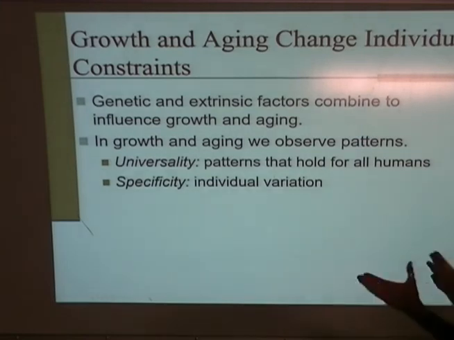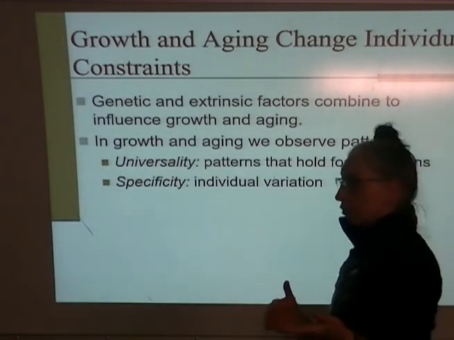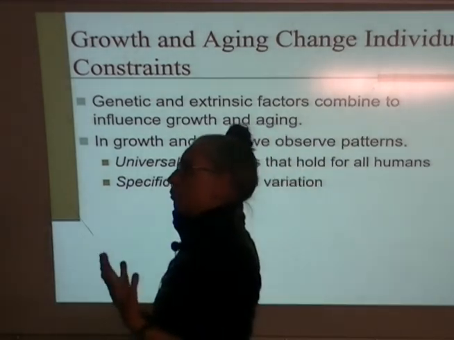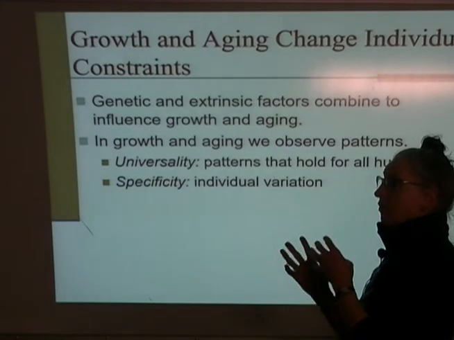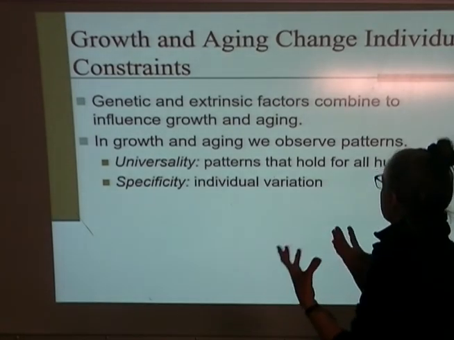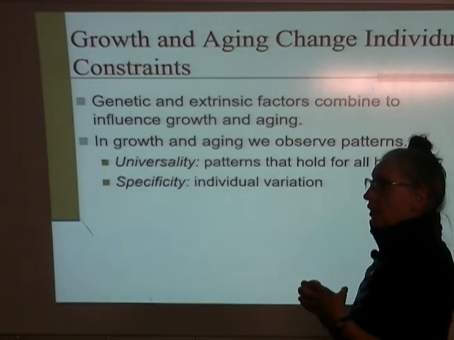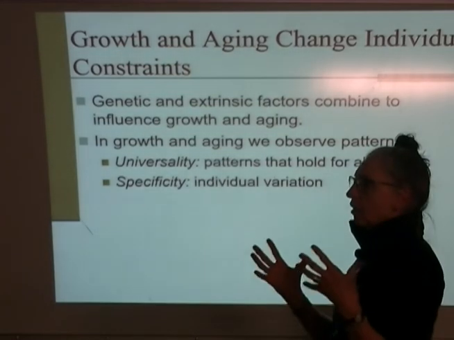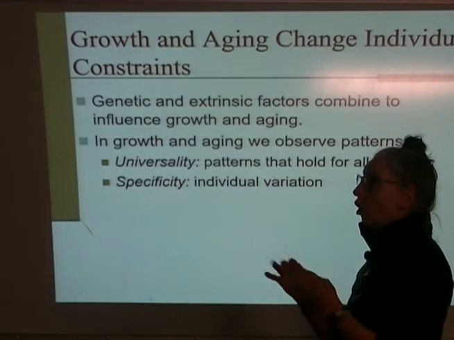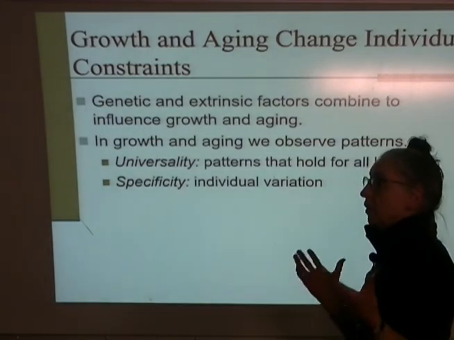Now, when we talked about the motor skills in lab, I said that we had universality and variability, if you remember. And we see those same patterns in growth, right? We have universality of growth patterns that hold true for all typically developing humans.